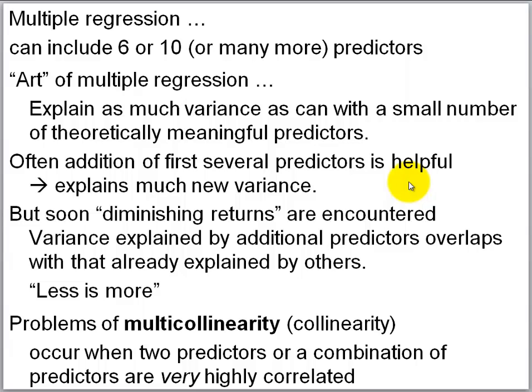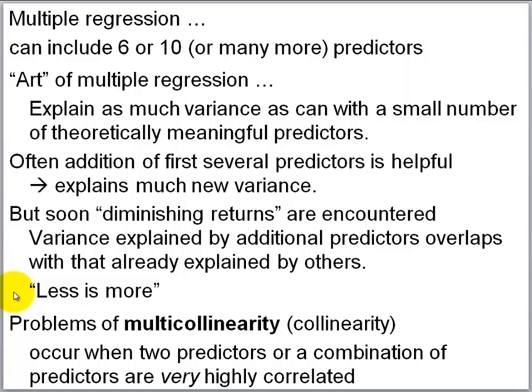There are more and more predictors, so to speak, to overlap with. So what can happen as you try to stuff more and more predictors to explain more and more variance is that you reach a point of diminishing returns, and in a sense, less becomes more. You get something that's more and more difficult to interpret as you keep adding more and more variables in.